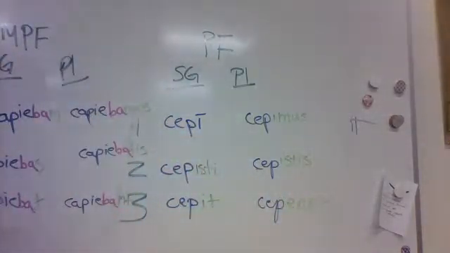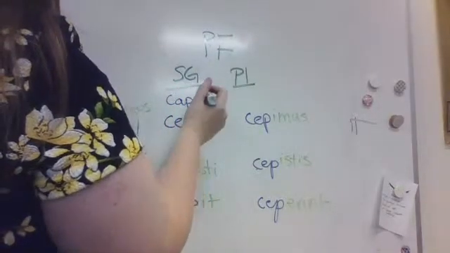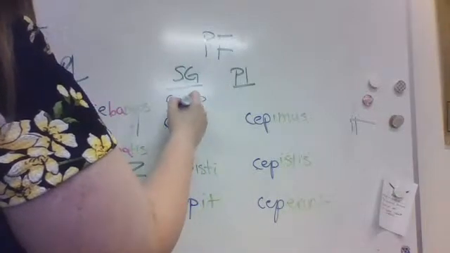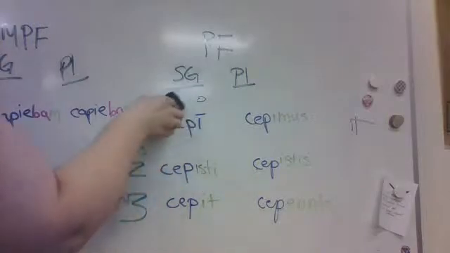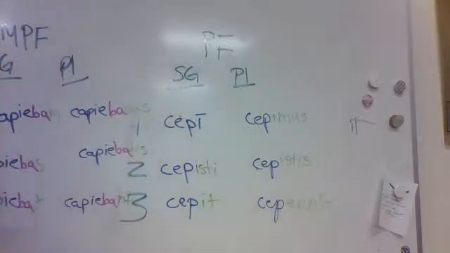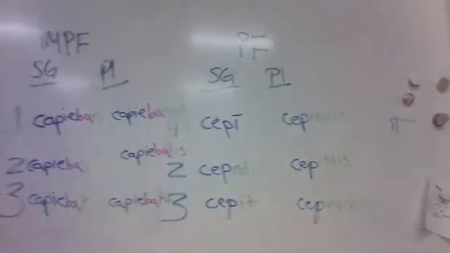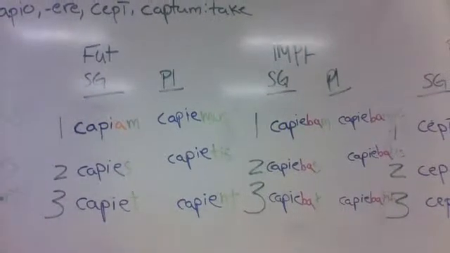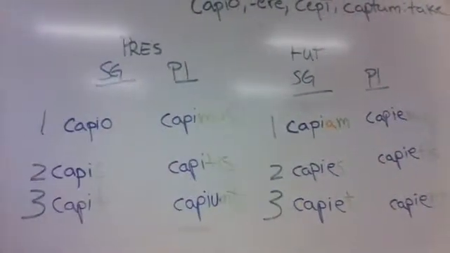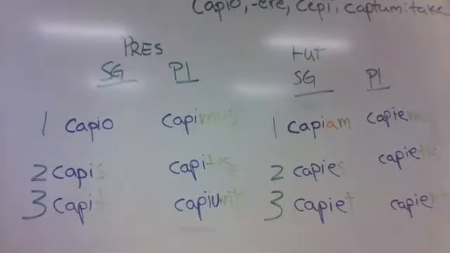And the A that used to be in capio, that A turns into an E in the perfect, which differentiates the forms. So there you have third IO, imperfect, future, and present.